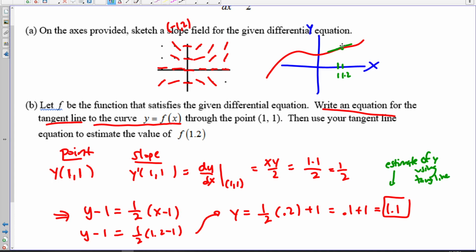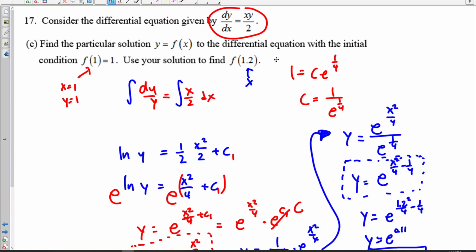Reading off this green graph at 1.2, what y value did I get? I got 1.1. But the real value, this was actually solving for the real value.